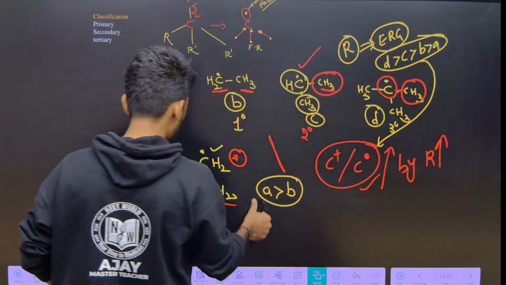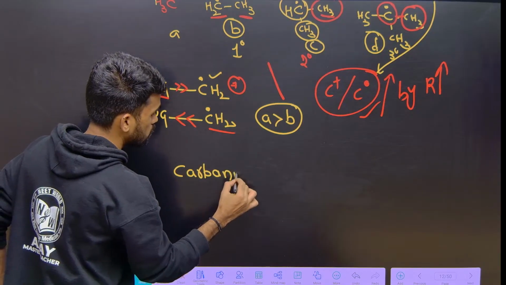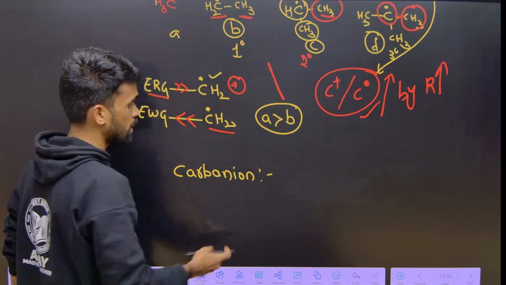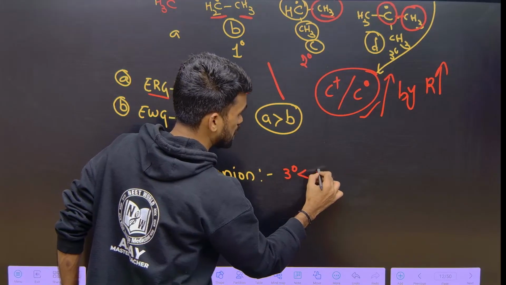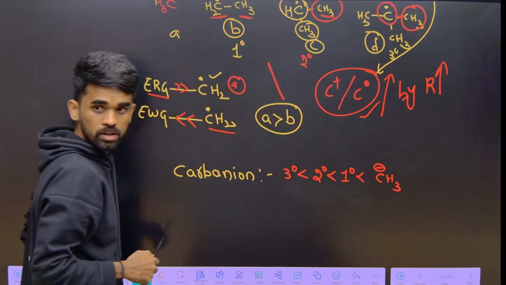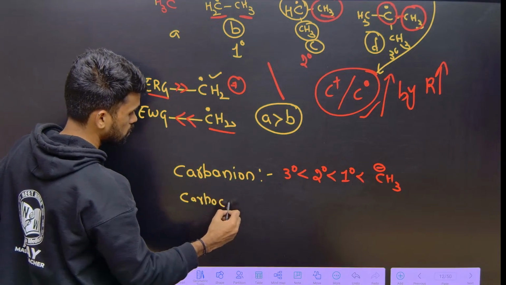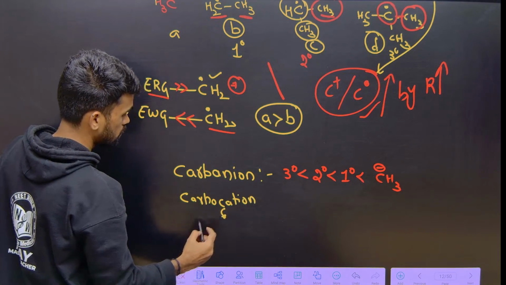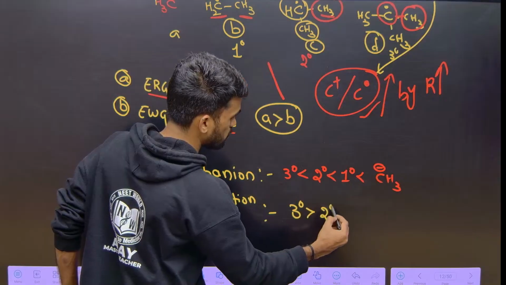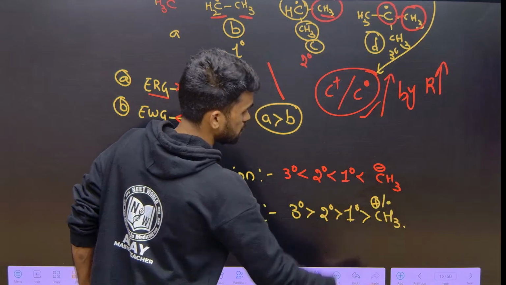So here I am writing a conclusion. In the case of carbanions, 3 degree is less stable than 2 degree, which is less stable than 1 degree, which is less stable than methyl carbanion. In the case of carbocations and free radicals, the order is: 3 degree is more stable than 2 degree, more stable than 1 degree, then methyl.